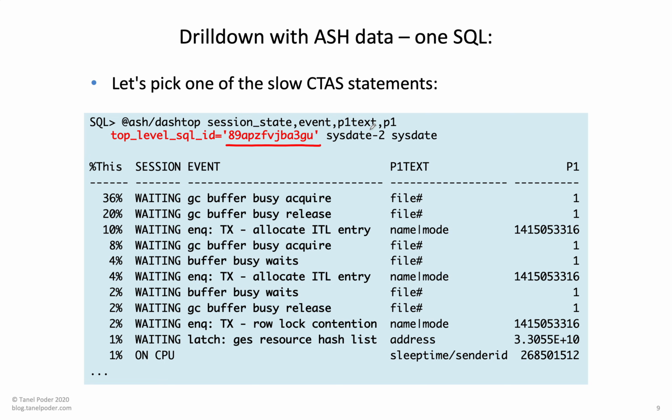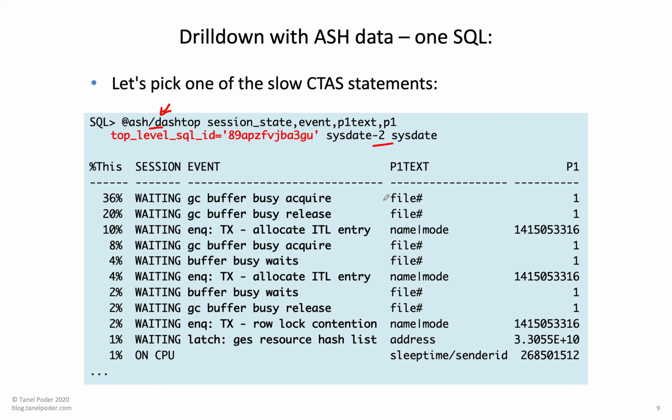And apparently, I don't know if it was running for 2 days. You see, I'm using dash stop here. Dash uses the DBA hist version of the table. And this is what this query had done over the last 2 days, right?